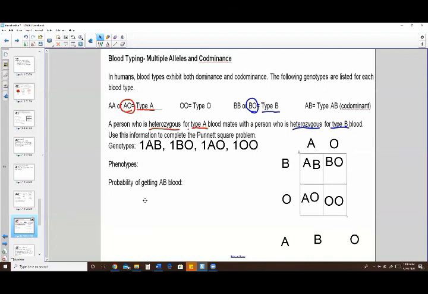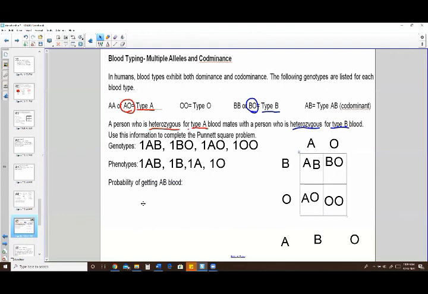So for this one, I have 1 type AB, I have 1 type B, I have 1 type A, because AO gives me type A, and I have 1 type O, because OO gives me type O. So there's my phenotypes.